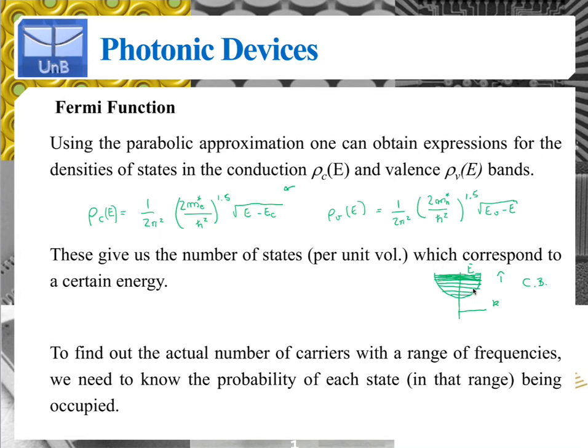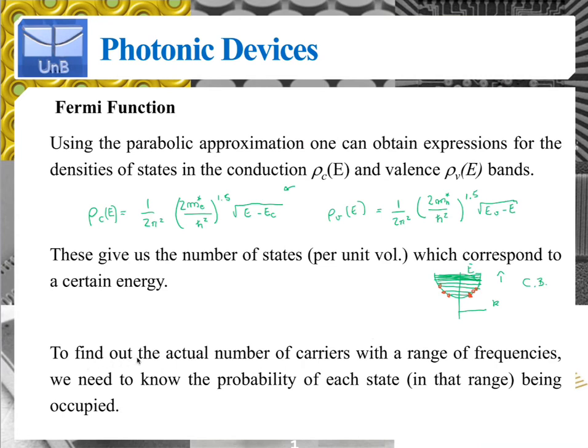But this only gives us the number of states available per unit energy. You have states here and here and here, same thing here and here and here, but you don't know if they're occupied by an electron or not. There could be an electron here, or the state could be empty.